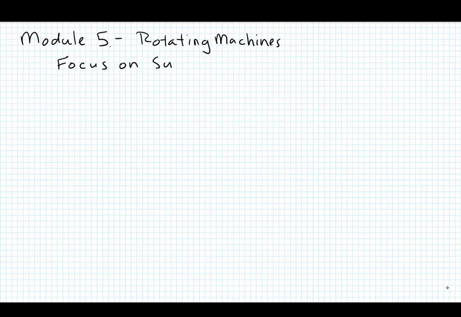So now we're going to officially begin Module 5, which is covering rotating machines in general with a specific focus on synchronous machines. So what I want to do is introduce the three main types of rotating machines that we will be covering in this class.